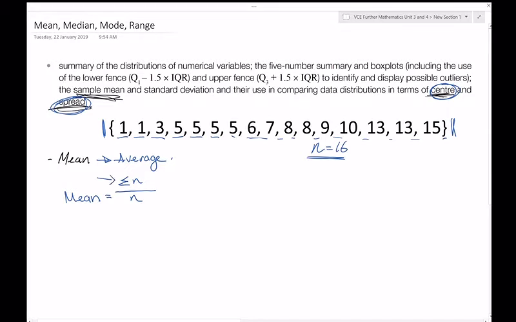This symbol just means sum, okay? So you're adding up all the numbers in the data set and dividing by how many there are, okay? So that's essentially what the average is.